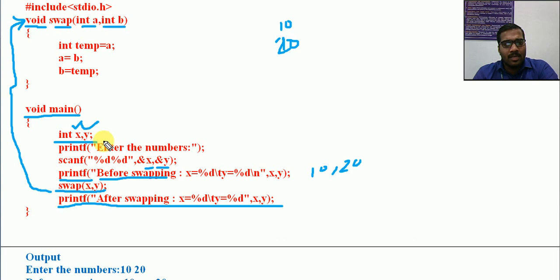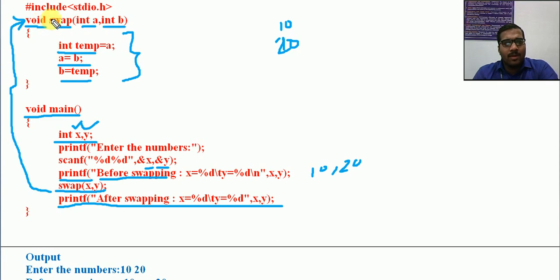Here it is correct. The second value it must receive is an integer. This is also correct. If the function name and parameters match, it will enter the body of this function. Now I am declaring a variable temp inside this. temp is equal to a, a is equal to b, b is equal to temp. That is the swap logic.